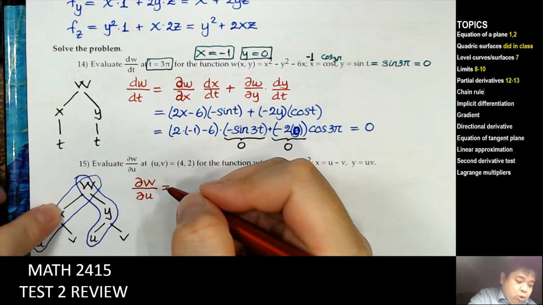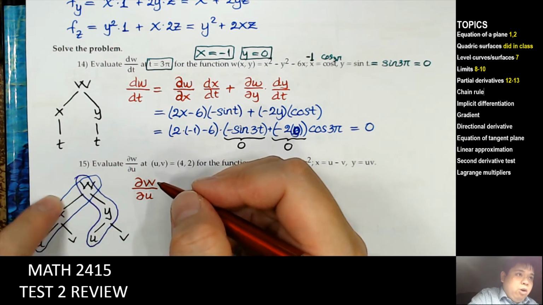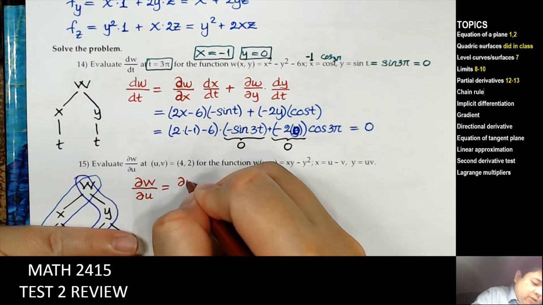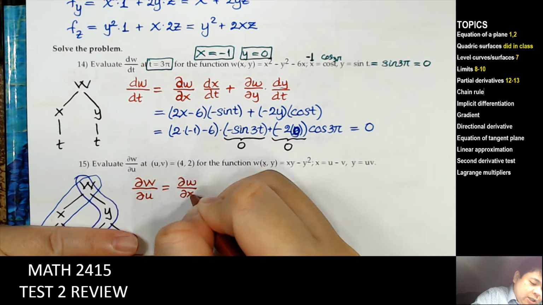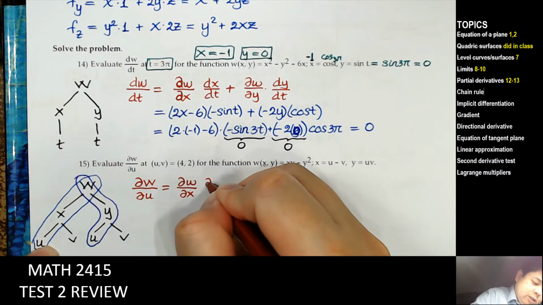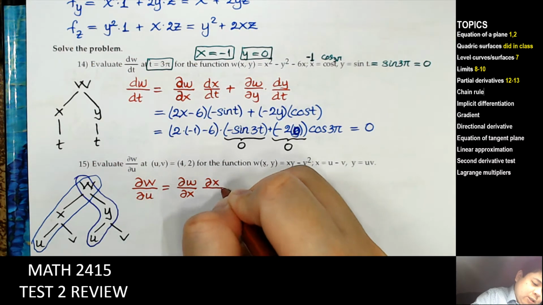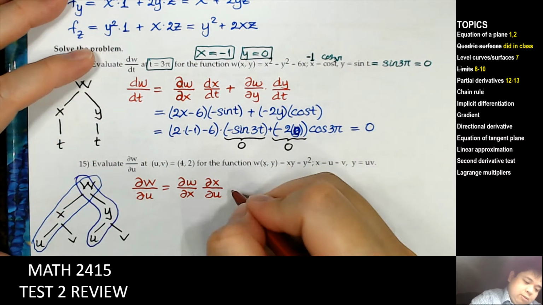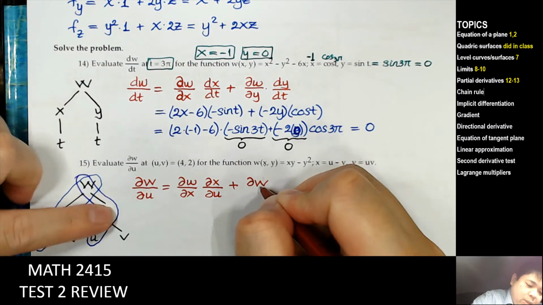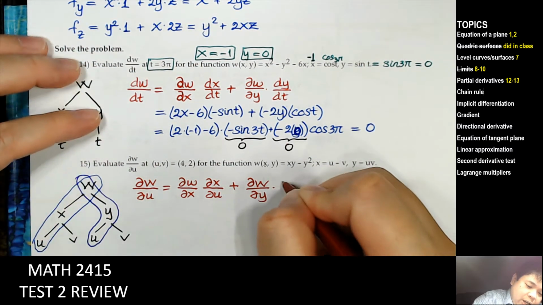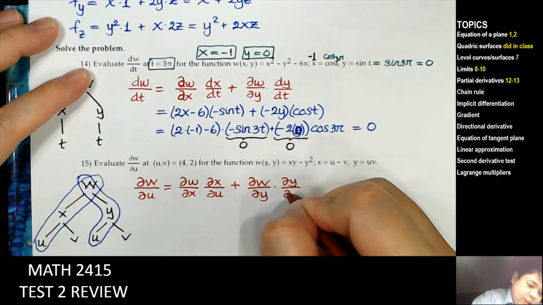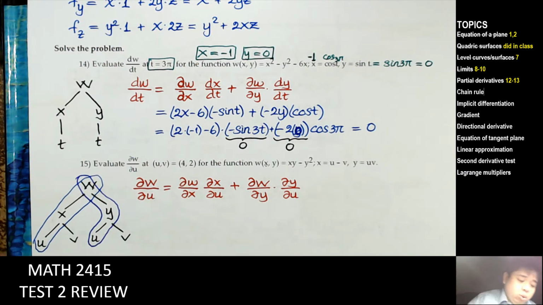Right, w to x, w has two variables, so it is going to be partial derivative with dx. And then from x to u, also two variables. And then dw with respect to y, and partial y with respect to u.